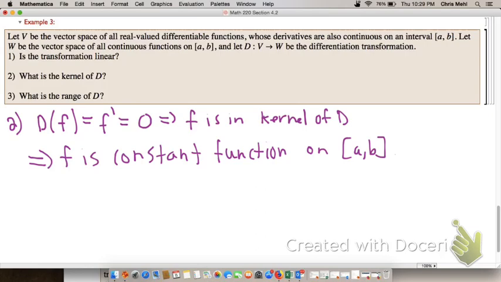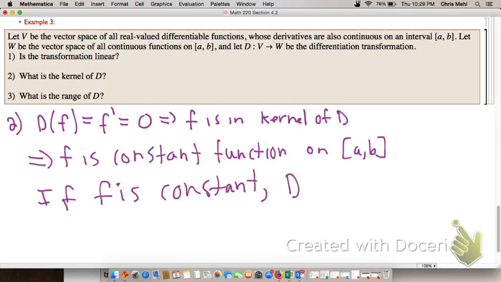Okay, and you'd also have to make the argument that if you start with a constant function, its derivative would be 0, i.e. it's in the kernel of the linear transformation D. So now if f is constant, that's going to tell you that D of f is equal to 0.